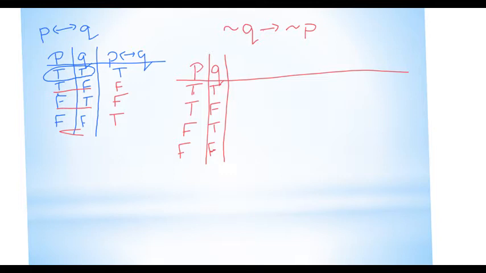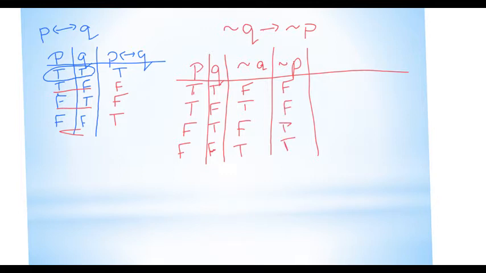And then for my conditional, I need not Q and not P. So I'm going to put not Q on there and not P, or the negation of both. The negation of Q would be false, true, false, true. And the negation of P will be false, false, true, true.